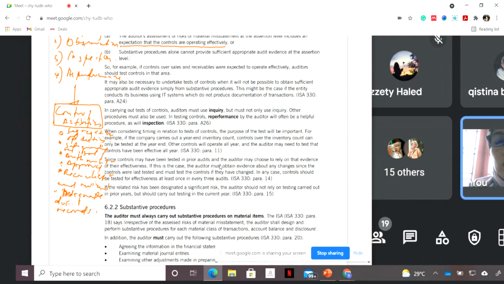You check it, so the procedure is you inspect. The procedure is what you are going to do: inspect the bank reconciliation statement, whether it is prepared every month. That is the procedure, the test of control.